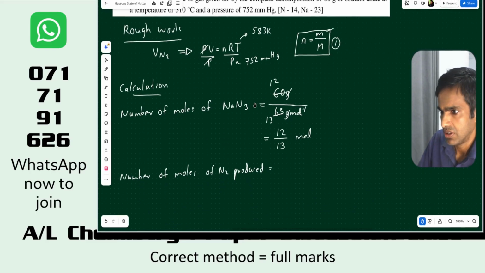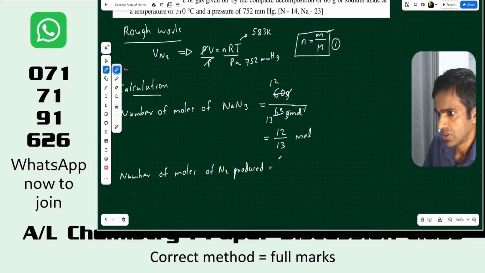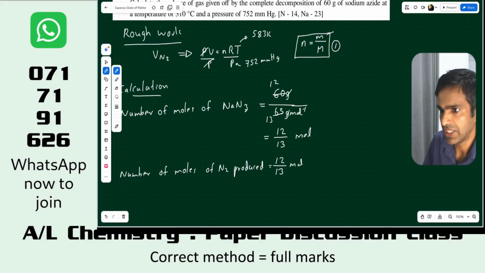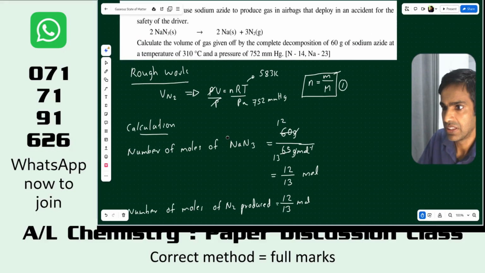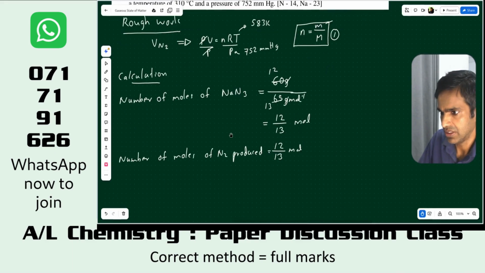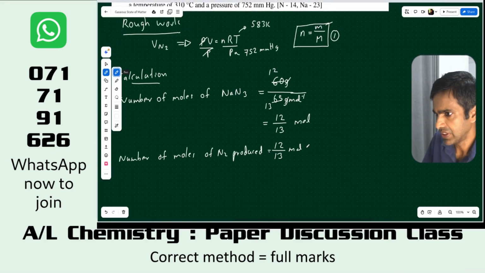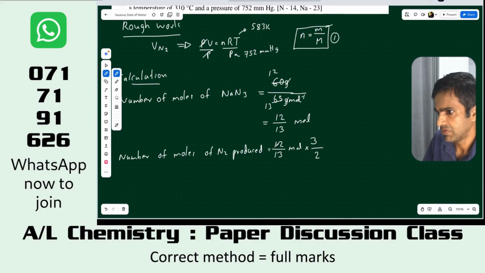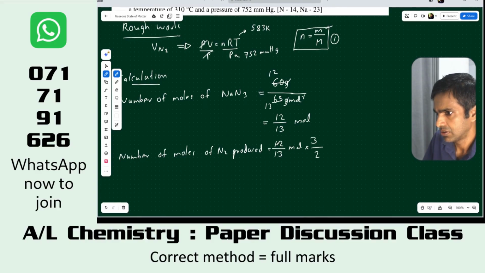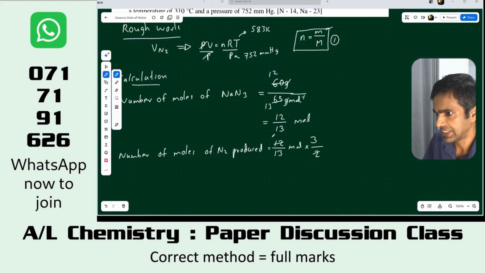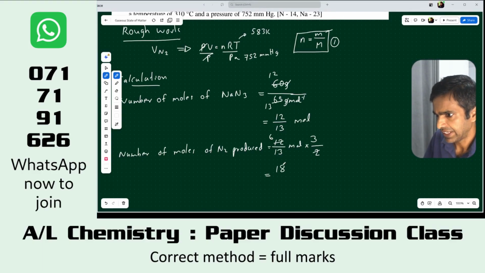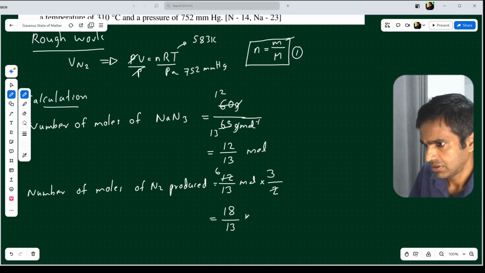Therefore, when 12 over 13 moles of sodium azide decomposed, what is the stoichiometry? 2 to 3. That means we need to divide this value by 2 and multiply by 3. Then when we divide 12 by 2, it is 6. So 6 times 3, 18. So 18 over 13 moles.